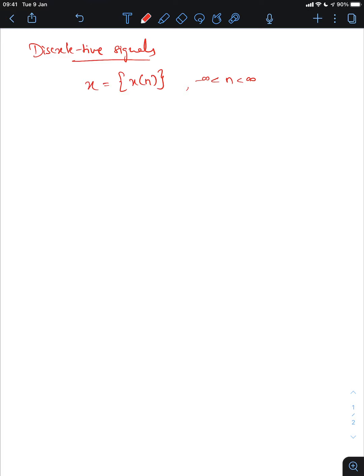Sometimes we shall use the notation with square brackets, or sometimes with the ordinary brackets. The point to be noted here is that n is an integer.